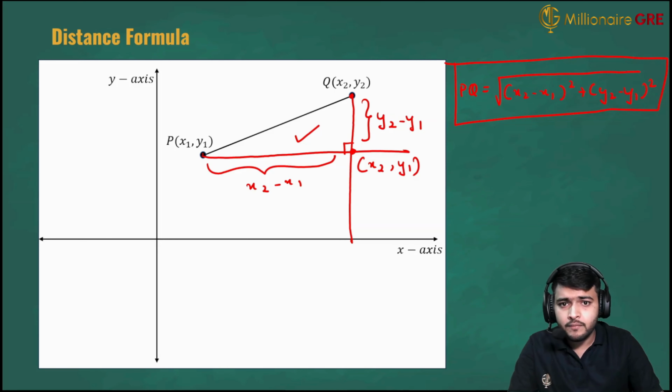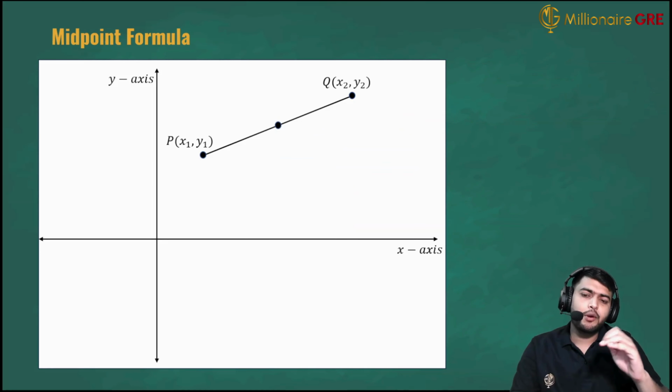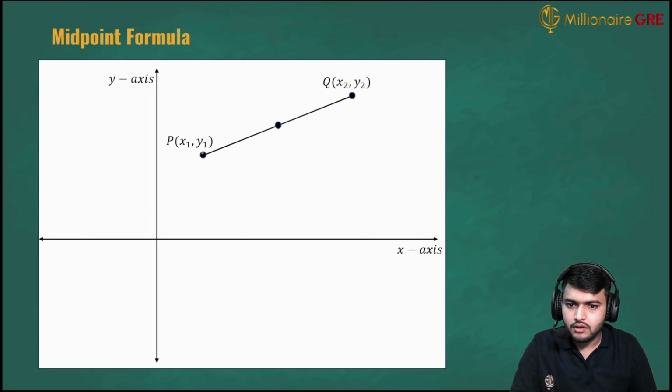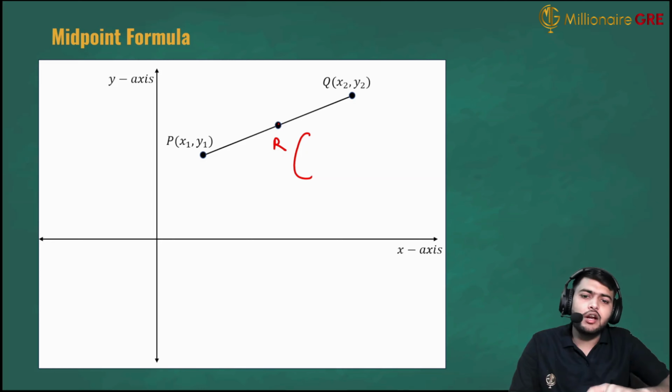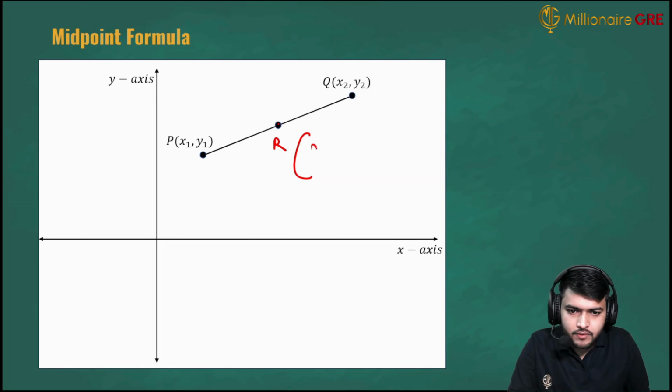Let's move on. Next we will discuss about midpoint formula. So here P and Q are 2 points, and let R be the midpoint of the line segment PQ. Here the x coordinate of R will be the average of x coordinate of P and Q. So x1 plus x2 upon 2.